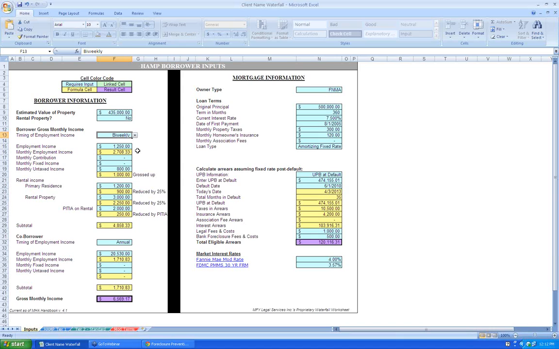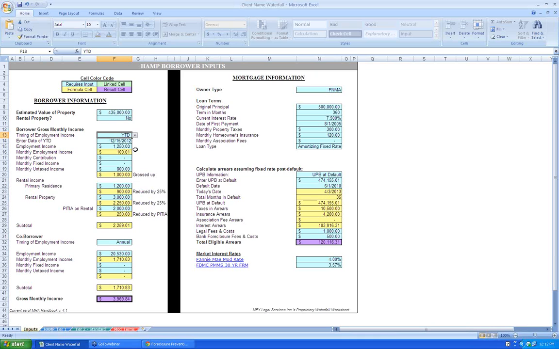So the worksheet adjusts their monthly income up to show the effect that they're getting paid more than once a month. Now, if they're bi-monthly, then their monthly income is just double that. Weekly, the same principle applies. And annual, we're just dividing by 12 there.